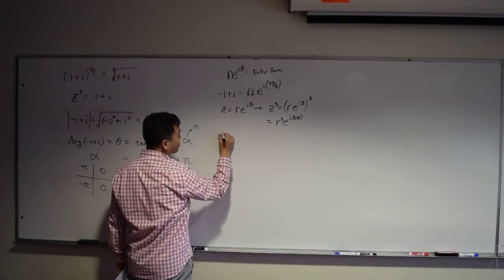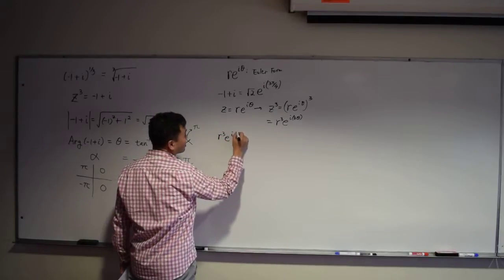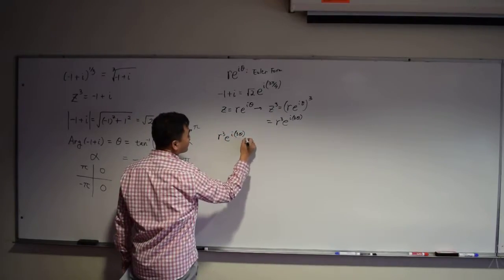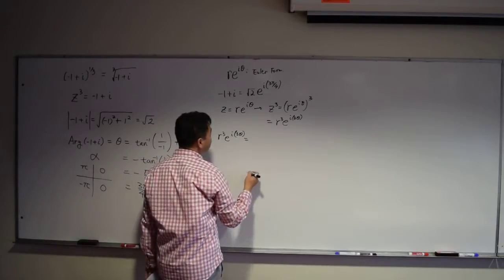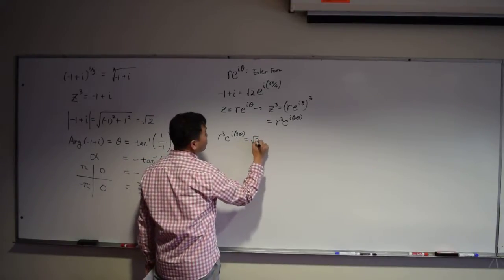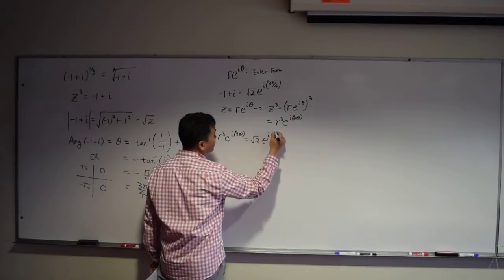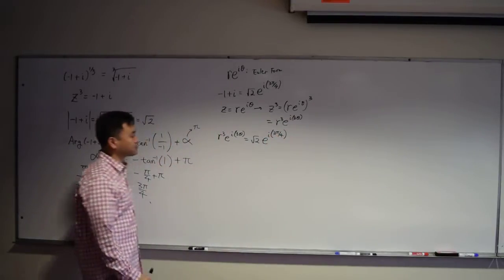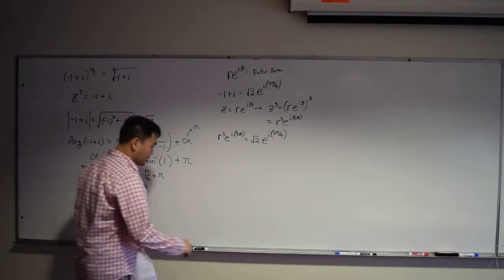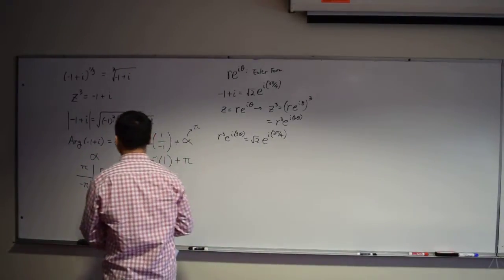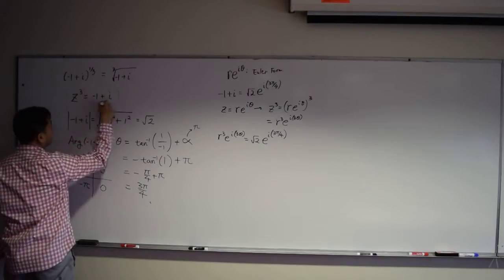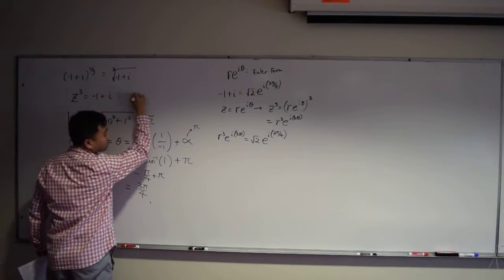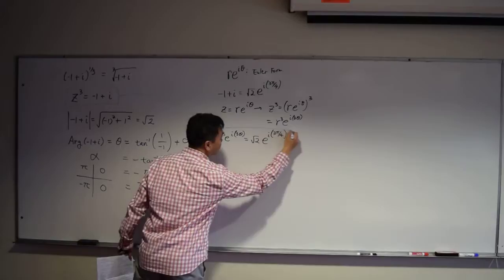We get r cubed e to the i 3 theta equal to radical 2 e to the i 3 pi over 4. And I'm saying that this equation is now equivalent to this equation.